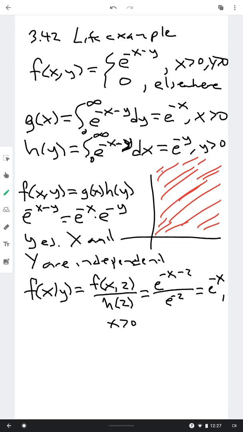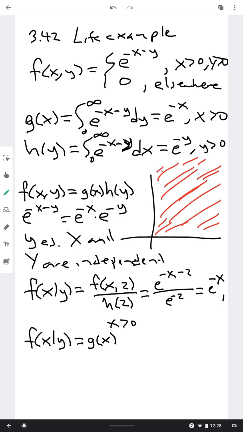There's no dependence relationship of x on y or vice versa, so we don't have to worry about that. And notice that my conditional distribution is equal to my marginal distribution of x.